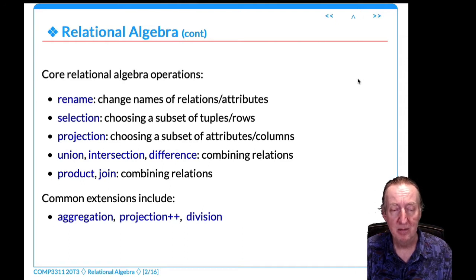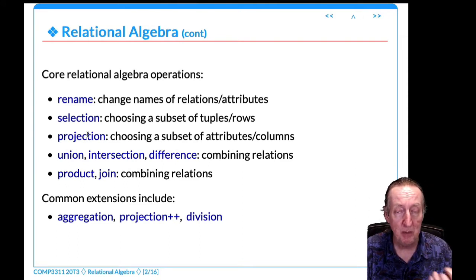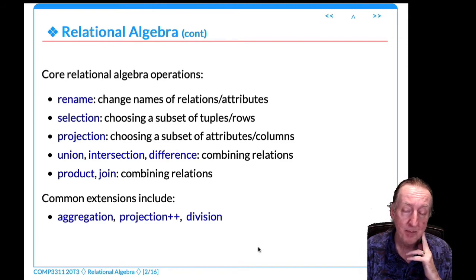Typical extensions include aggregation and group by and what I've called projection plus plus. Standard projection simply allows you to choose a subset of attributes. Projection plus plus allows you to apply operations to those attributes, so you could add two attributes together, things like that.